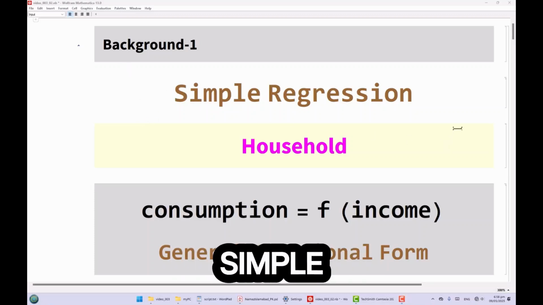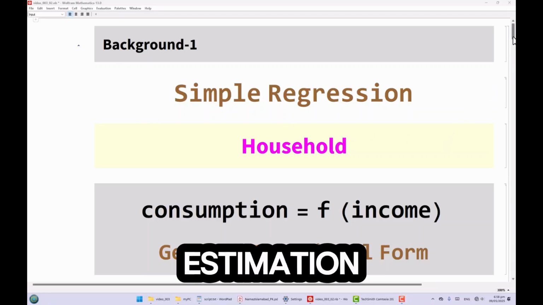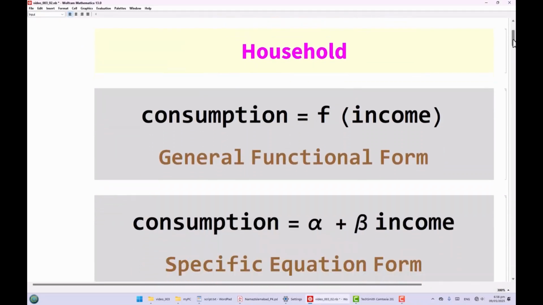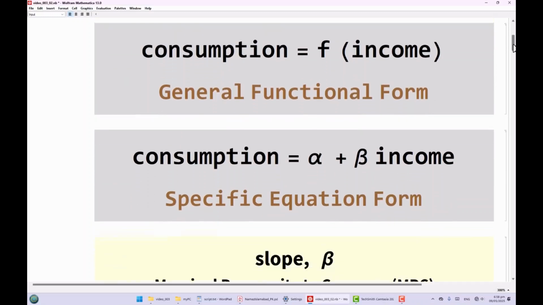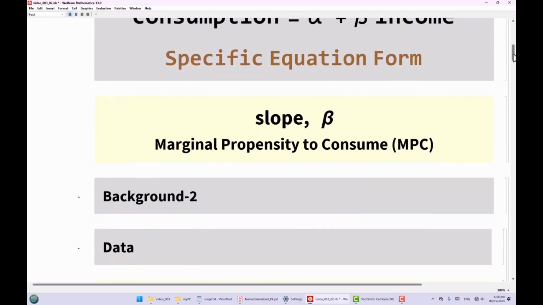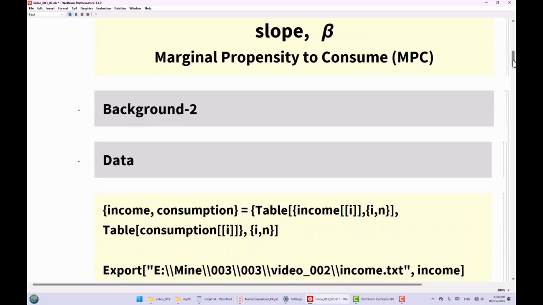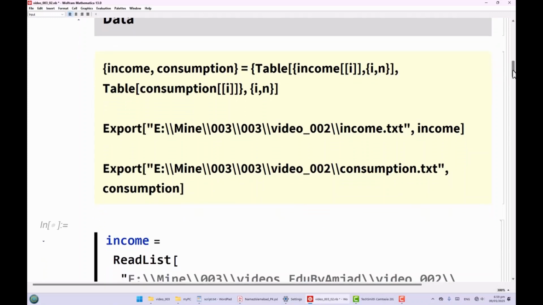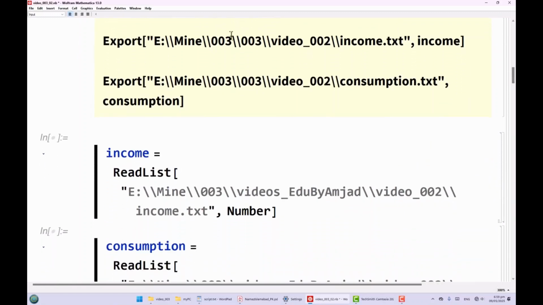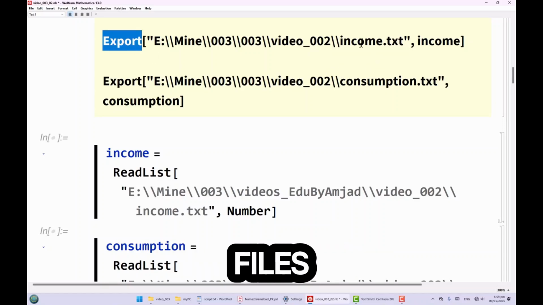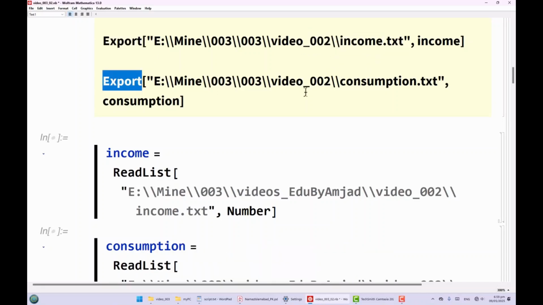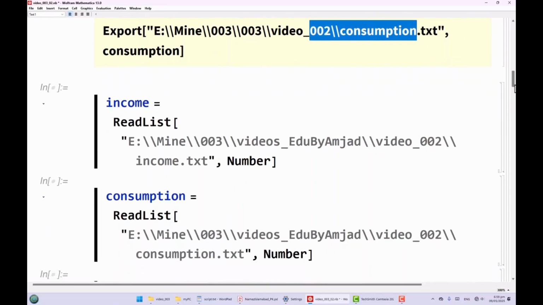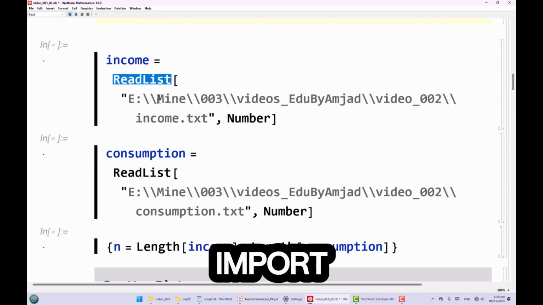Previously, we discussed simple regression model and OLS estimation in Mathematica. 50,000 household income consumption data points were generated. Data were exported in text files. We import the data again.